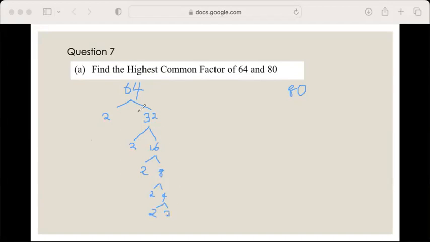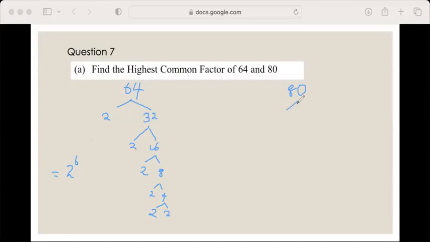So what we have here is 2 times 2 times 2 times 2 times 2 times 2. 1, 2, 3, 4, 5, 6. So 2 to the power of 6. So all the factors are 2 for 64. 2 to the power of 6 is 64.